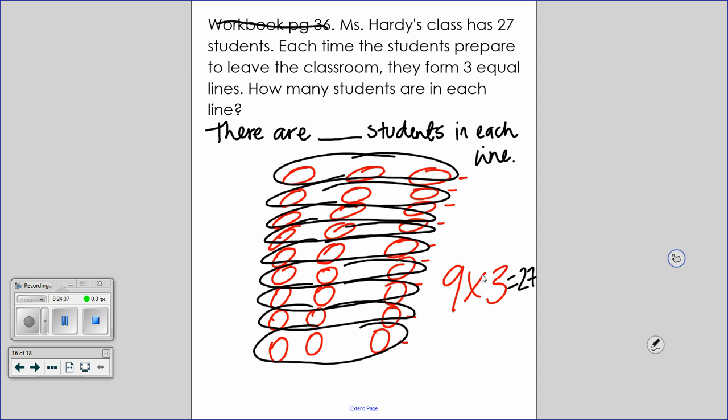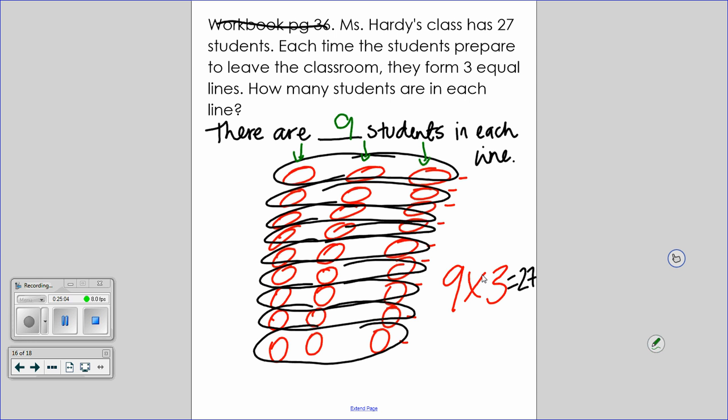Ada? 9. Here's one line. Here's another line. Here's another line. There are 9 students in each line. Does this make sense? Yes. Make sure your notebook looks like my notebook.